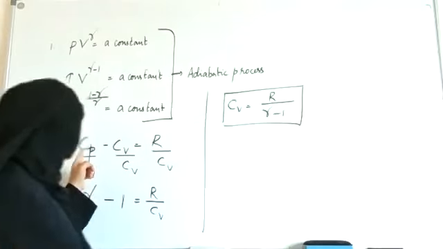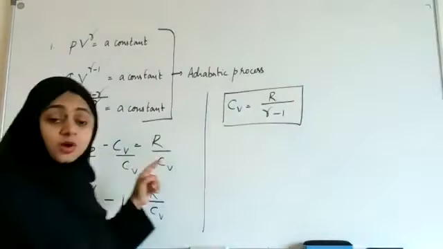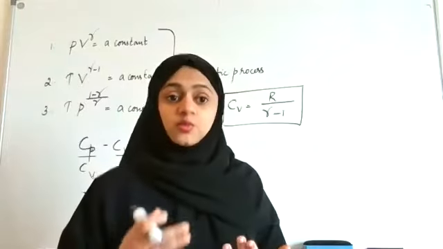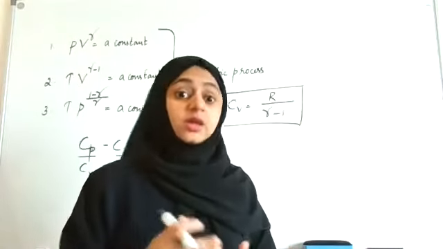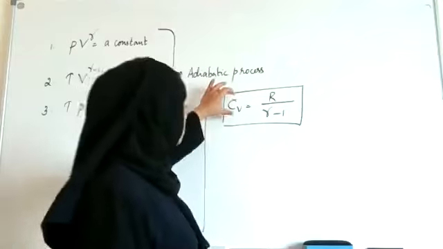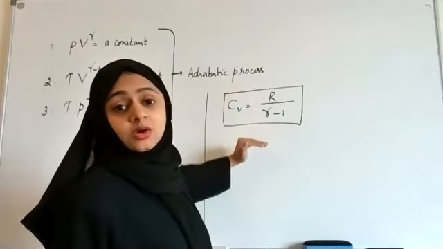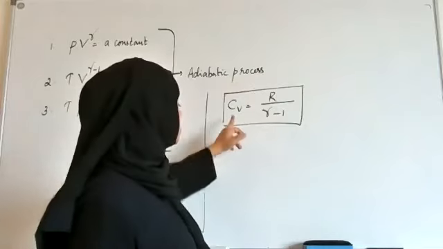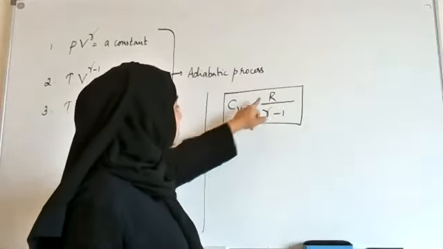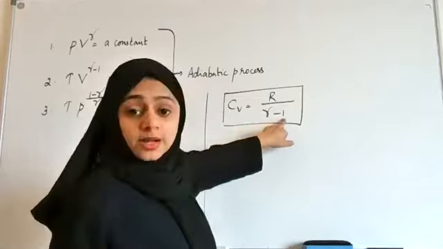We can come up with Cp if we know Cv. We found that when we derived the equations for monoatomic, diatomic, and polyatomic gases. So Cv is an important quantity with which we can get all other related values. So Cv is equal to R by gamma minus 1.